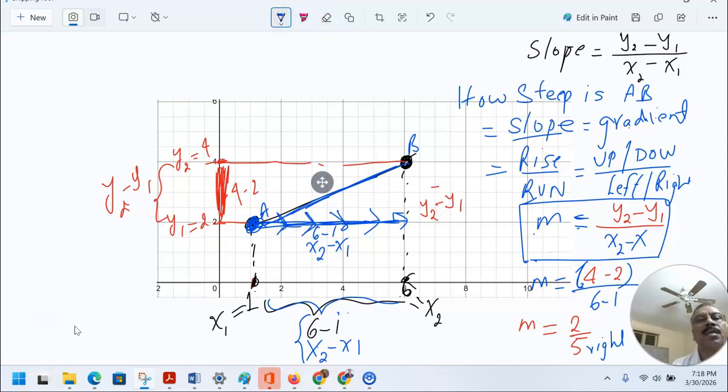I think I made a mistake. This is 4, this is 2, which is 2 up, because every 2 spacing is 1. So it is like 1 and 2. So it's 2 up. This is the understanding of the meaning.